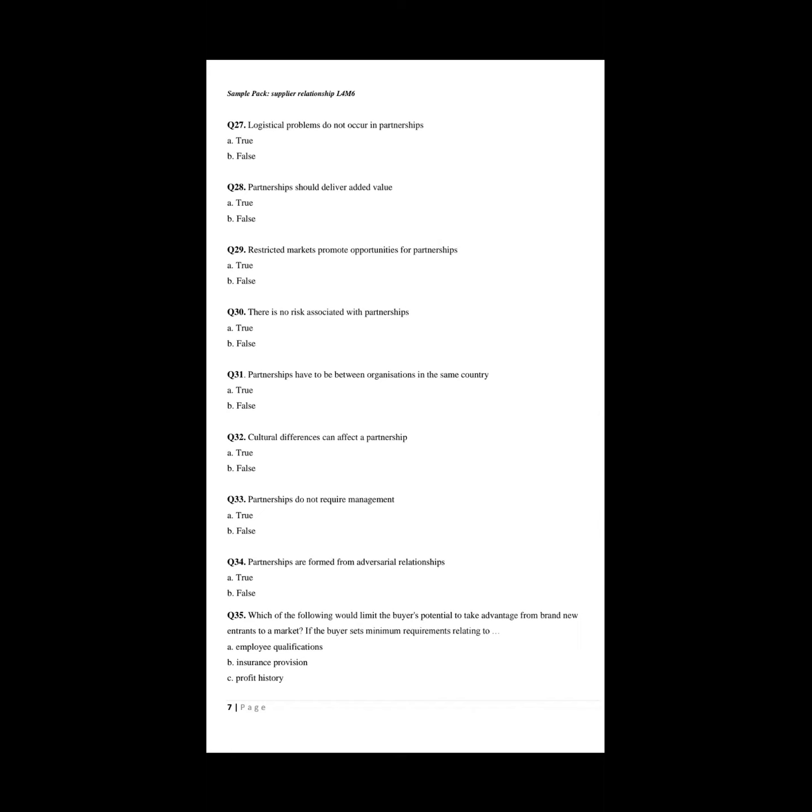Okay, so which of the following would limit the buyer's potential to take advantage from brand new entrants to a market?